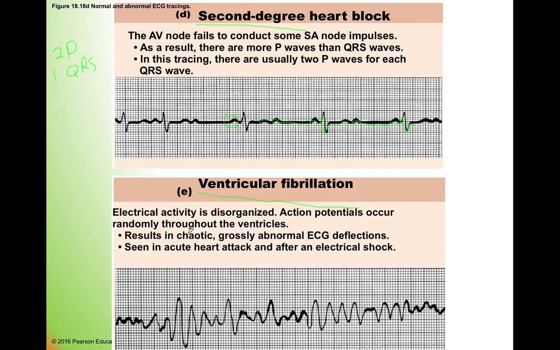The way to fix ventricular fibrillation is to use a defibrillator, which you all probably have heard of, with the goal of sending a shock wave through the heart and hoping that it allows all of the electrical impulses and the channels that create those impulses to be reset, and as a result, you hope that after a defibrillation, your SA node will be able to take over and create a normal sinus rhythm.